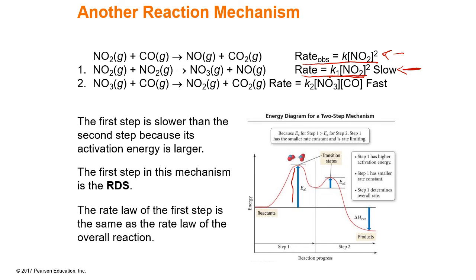So in our example, we have the biggest amount of energy that we have to overcome in this first step. And then once our molecules make it over that activation energy, it's pretty easy for them to get to the products. So that second step is much faster. The rate law for the first step is the same as the rate law for our overall reaction because the first step is our rate determining step.